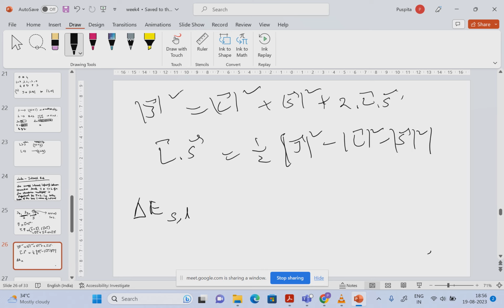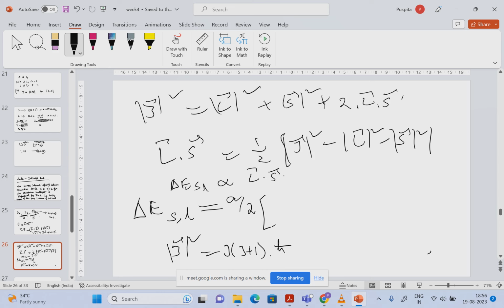So the energy level gap can be calculated from the L dot S, because the energy is proportional to L dot S, equal to A by 2 times that. Now J square is J into J plus 1 times h cut square from the eigenvalue relation.